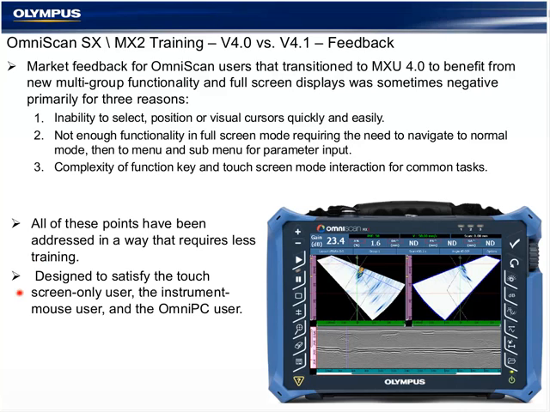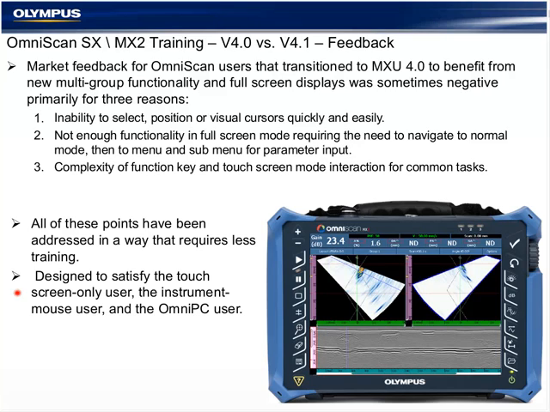So your first exposure to the new software version, the first thing you're probably going to notice is the elimination of the touch screen modes. Previously, when in one mode, such as zoom, gate, or cursor, other features or objects were disabled in the software.